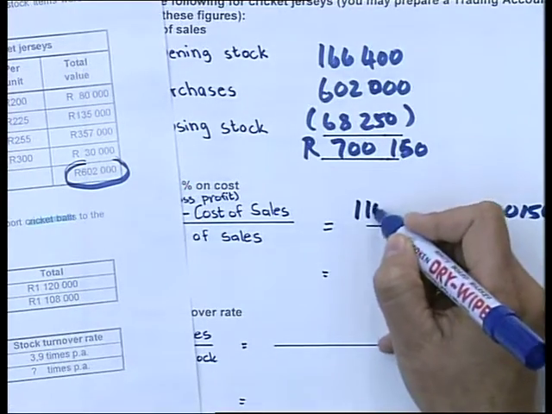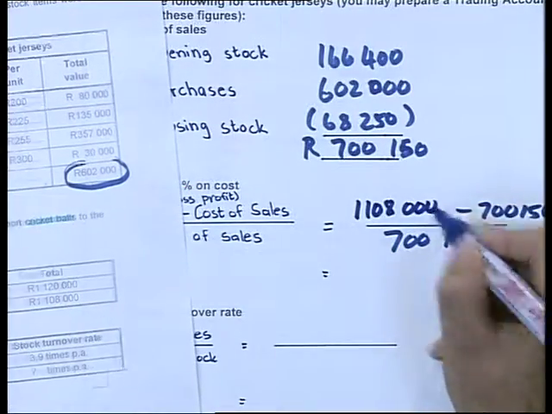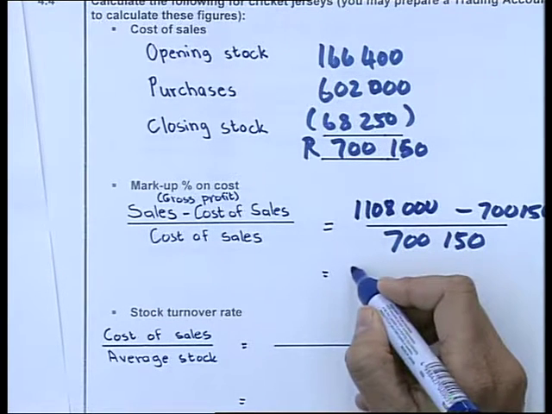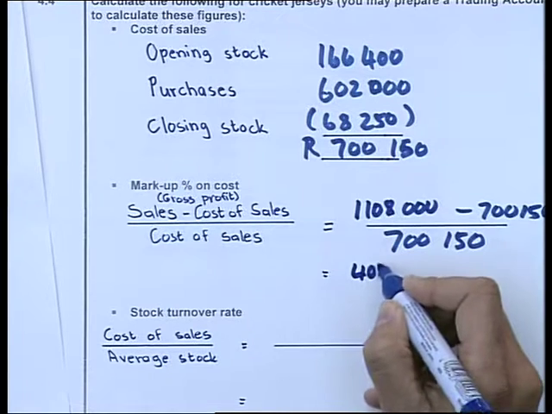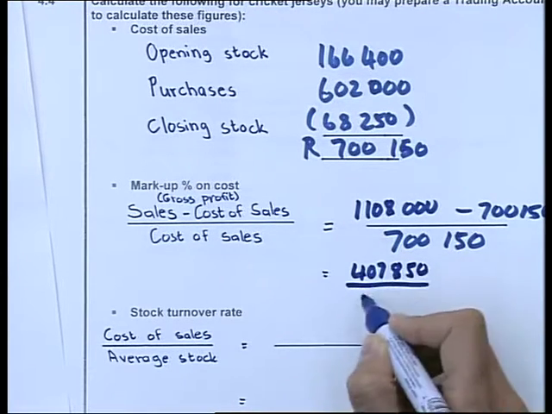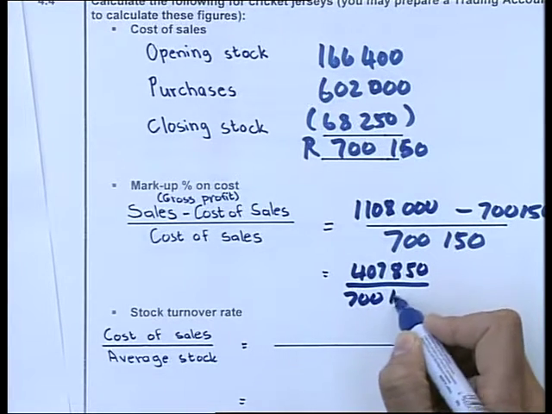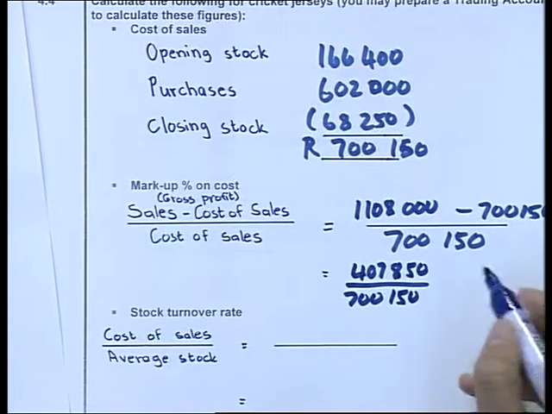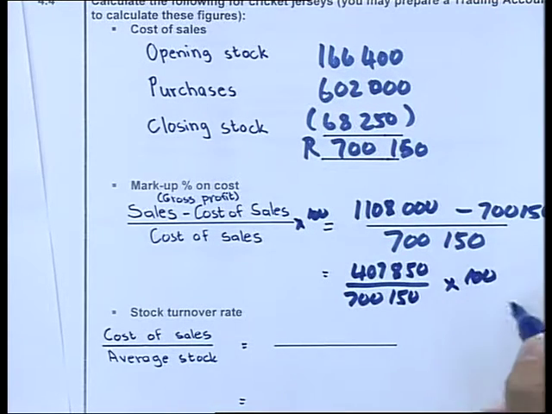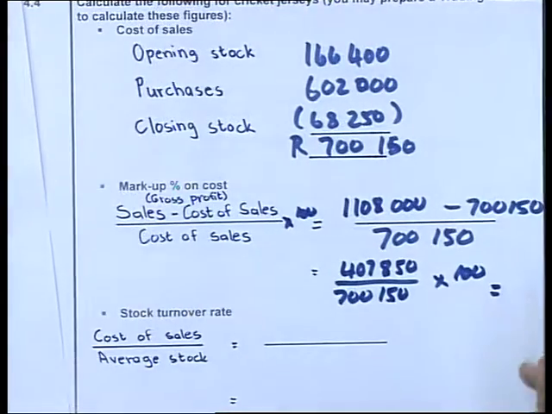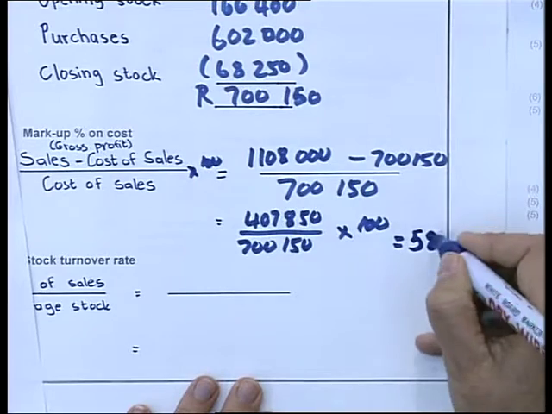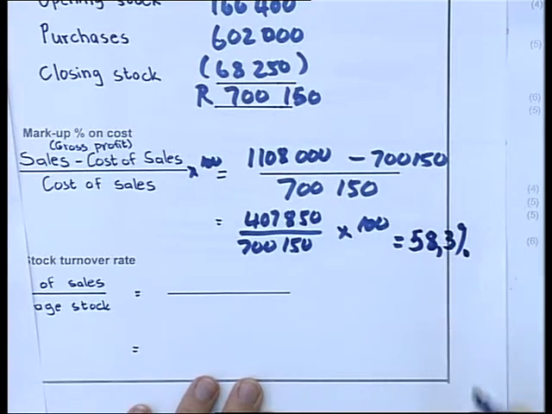So 1,108,000 minus 700,150 gives us a gross profit of 407,850, divided by the cost of sales 700,150. But remember, we want our answer as a percentage. Actually, I forgot about that there. Times 100. So that will give you a percentage of 58.3%. Okay.